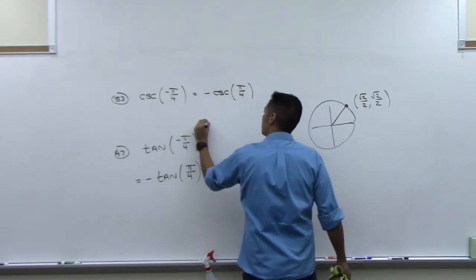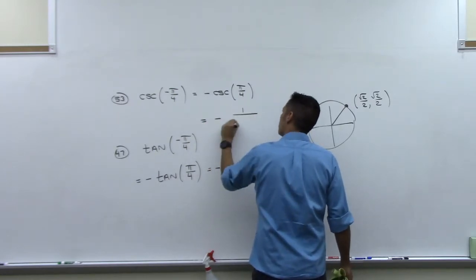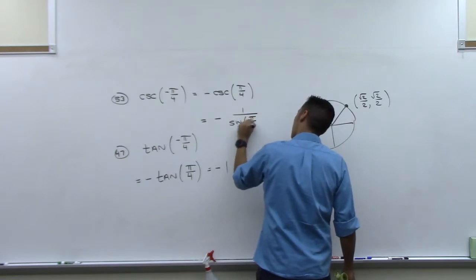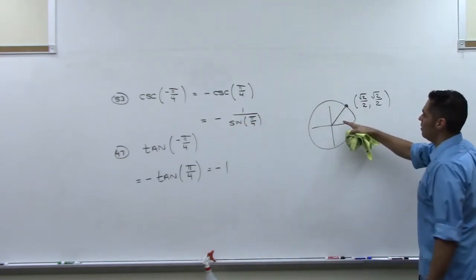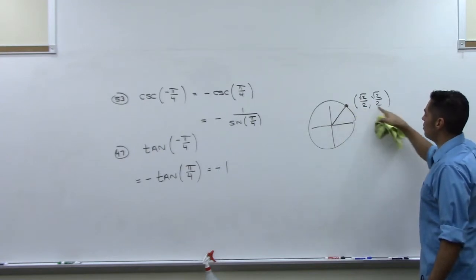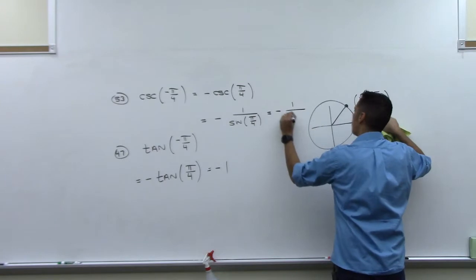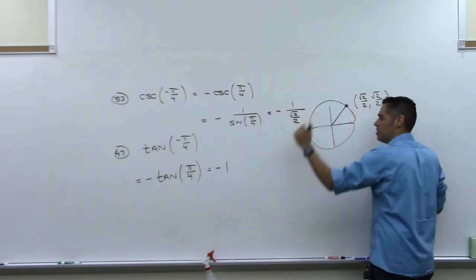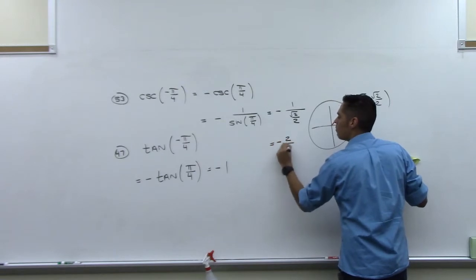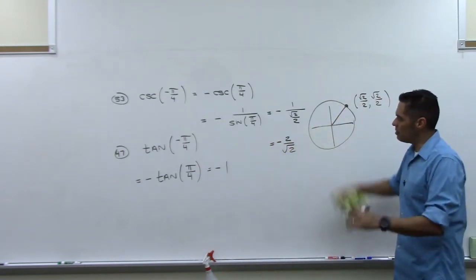But that's just negative 1 over sine of pi over 4. That's what cosecant means. And so I'm at the same angle, pi over 4. Sine is just this coordinate. So this is going to be negative 1 over root 2 over 2. And 1 over a fraction flips it, so we just get negative 2 over root 2. And then you could rationalize the denominator, but I'll just leave it like that.